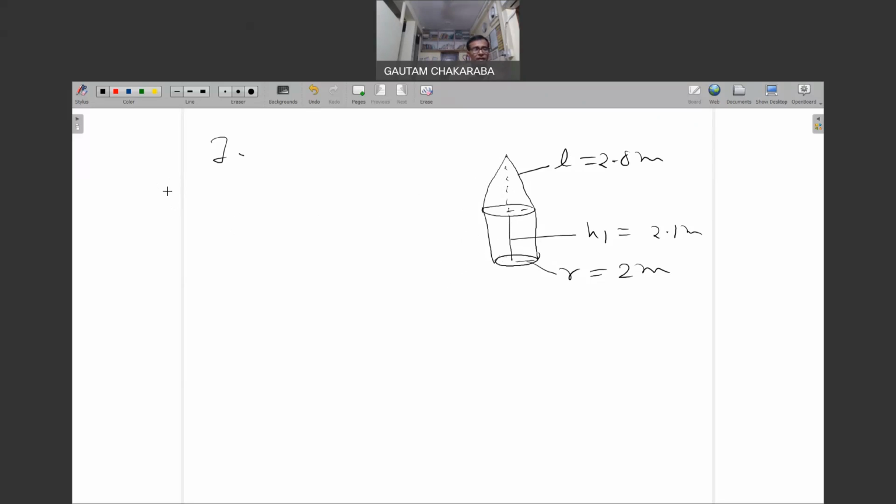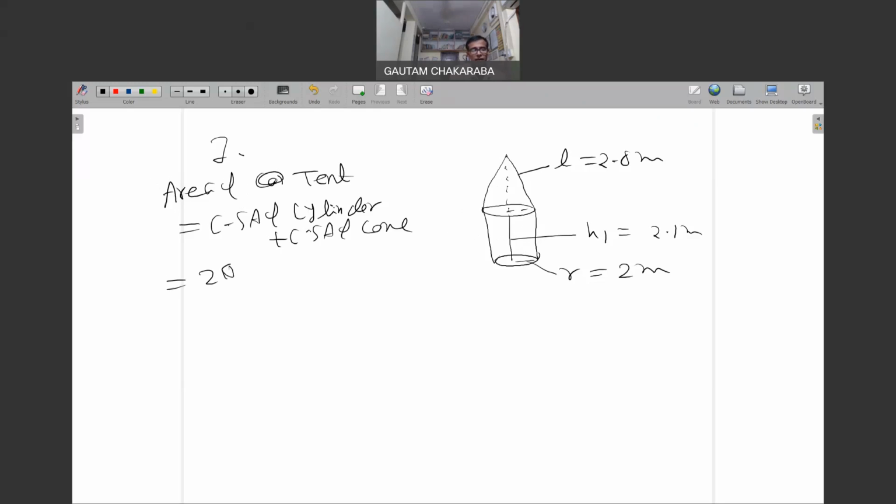Okay. So area of tent is equal to CSA of cylinder plus CSA of cone.